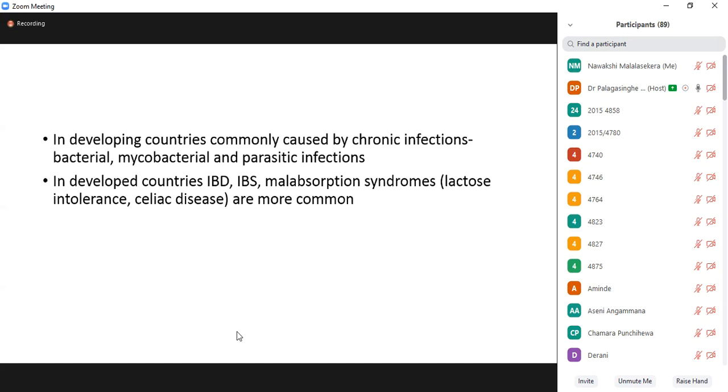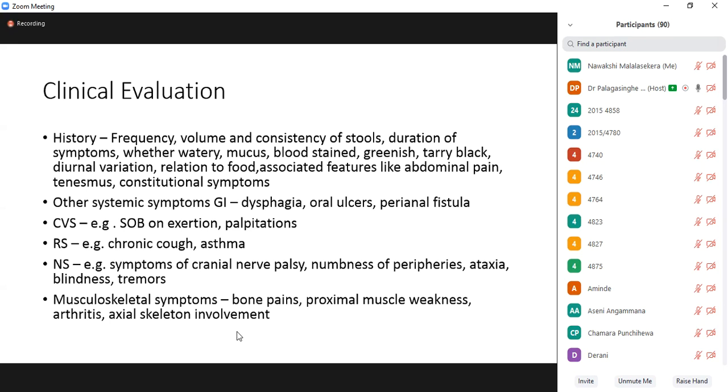As I have said before, etiologically, infections predominate in the developing world, and in developed countries mainly the non-infectious causes, the inflammatory and functional causes, may predominate. Fine. So when it comes to the clinical evaluation, as we have discussed before, history is the main component. You have to analyze the presenting complaint in detail.